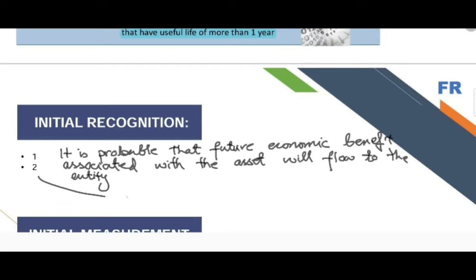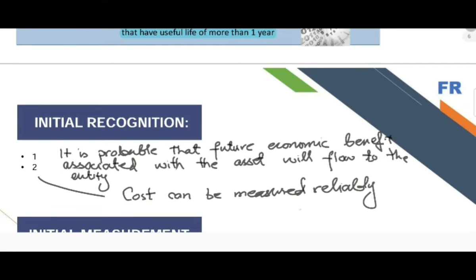And second point is cost can be measured reliably. So this is the 2-point criteria of initial recognition.